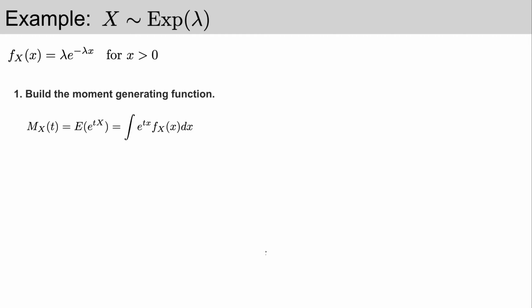Since x is continuous, we can calculate its MGF using the formula here. We can then plug in the formula for the PDF f of x of the exponential model. As we like to do, since it doesn't depend upon x, let's take the constant lambda outside the integral.